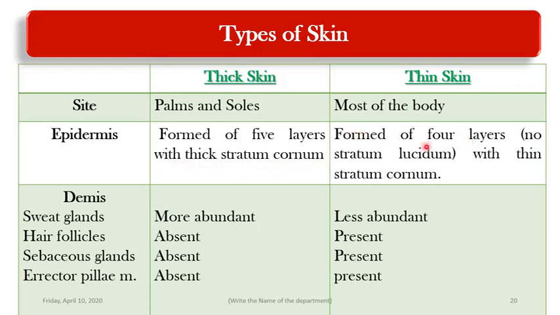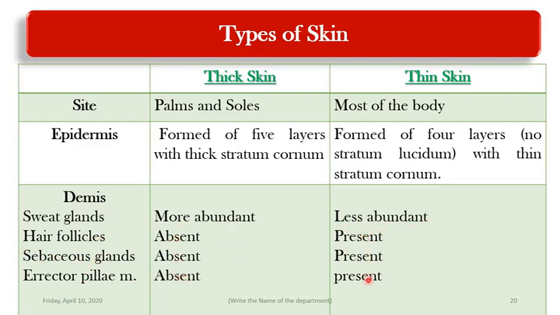In the thin skin, we have only 4 layers. No stratum lucidum is present here, and the stratum corneum is a very thin layer. Regarding the dermis, we have here in the thick skin more numerous, more abundant sweat glands. In the thin skin, they are less abundant, few in number. Regarding the hair follicle, the sebaceous gland and the arrector pili muscle, here in the thick skin, the 3 are absent.